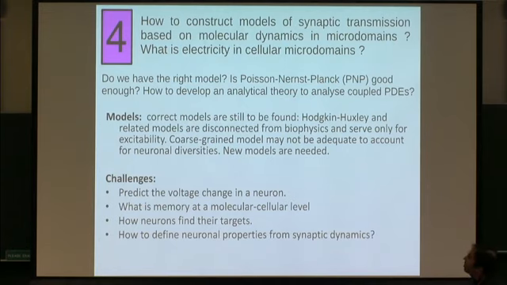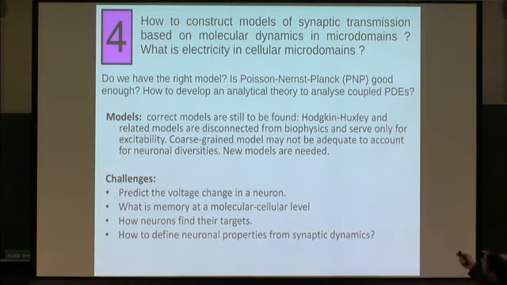You have to look into different models, such as Poisson-Nernst-Planck, which is a set of partial differential equations that connect the Poisson, the charges, with the Fokker-Planck, which explains the dynamics of the ensemble of particles, of charges.